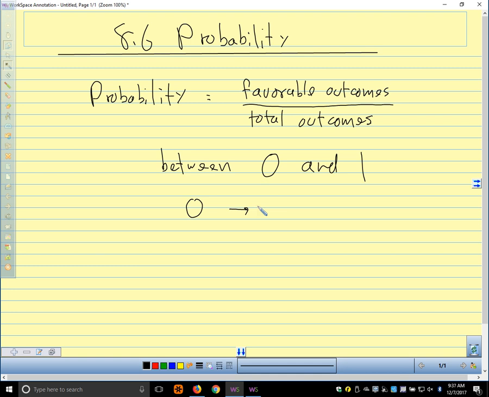It's impossible. And a probability of 1, what does that tell us? It's certain. It has to happen.